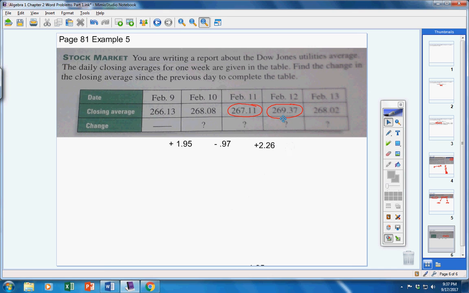Right? And if you subtract these two numbers, it's a positive 2.26. And then lastly, from here to here, we closed at 269. We closed at 268. That's down. A downward change was negative, and it changed $1 or 1.35.